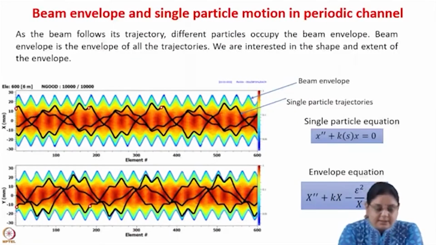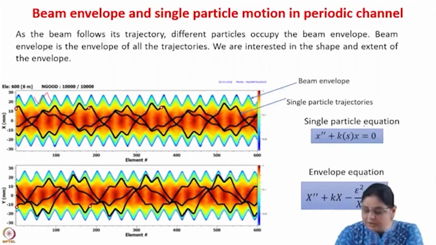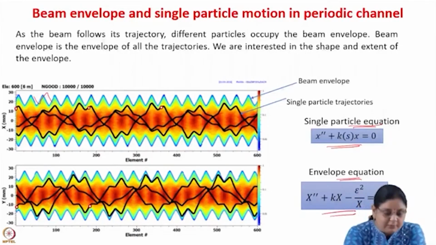In this picture you can see this is the beam envelope and the single particle trajectories are shown here. The single particle equation is the Hill's equation, whereas the envelope equation is given by this expression. The envelope has the periodicity of the lattice because beta has the periodicity of the lattice.